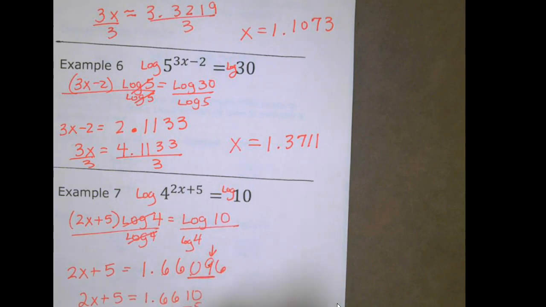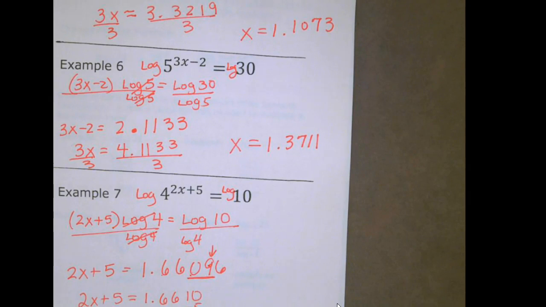Subtract 5 from both sides. So that would equal negative 3.3310.